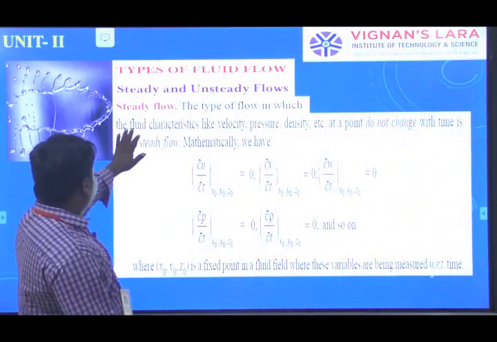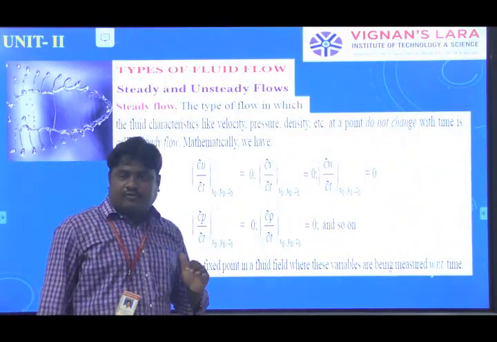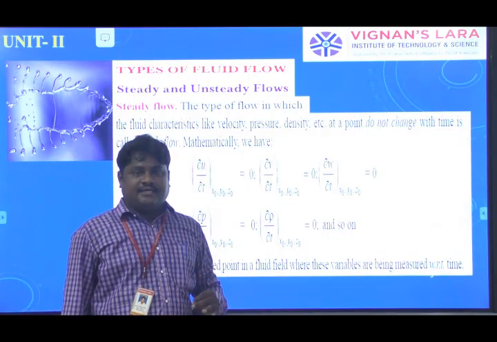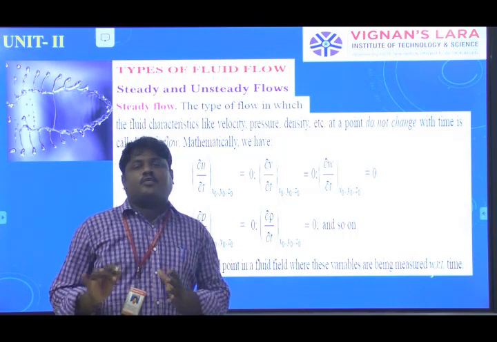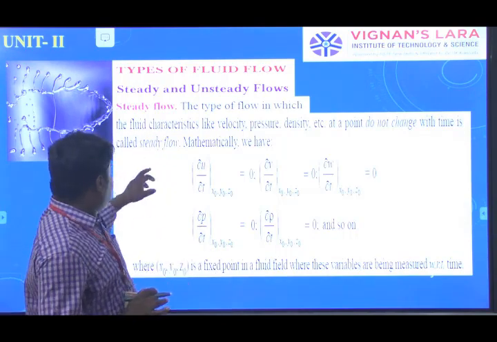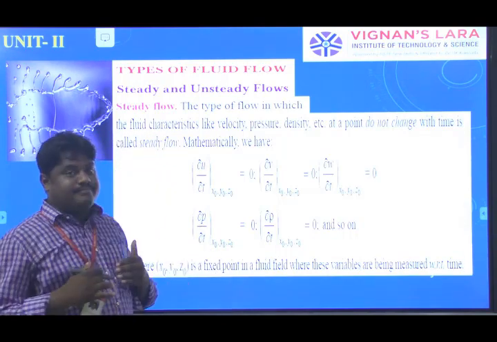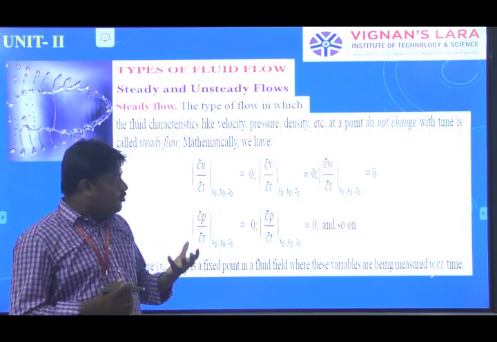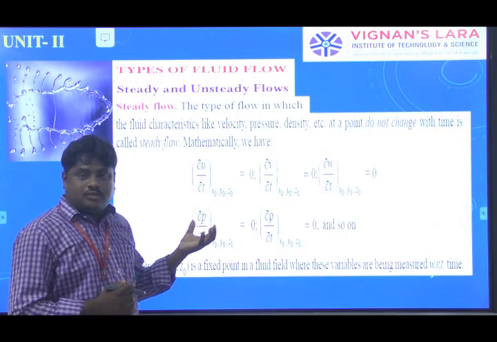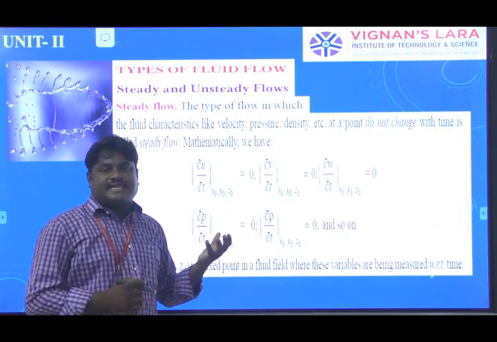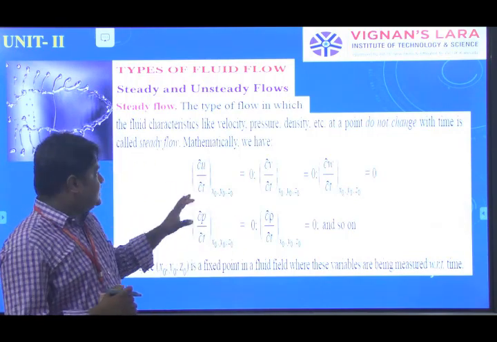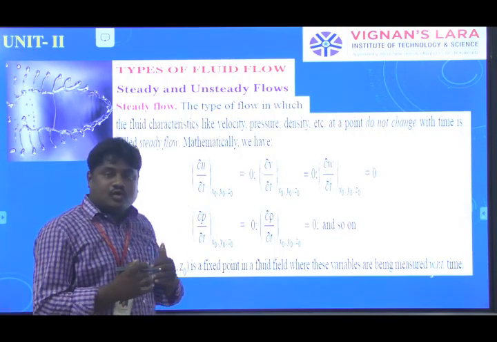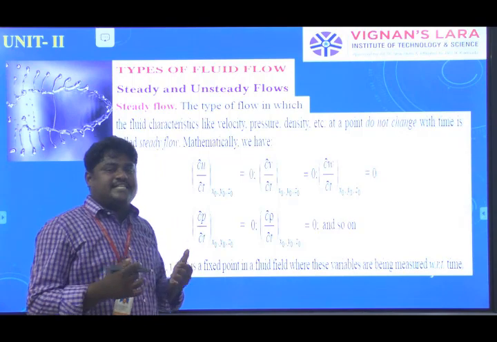First of all, I want to discuss the steady flow and unsteady flow. Steady flow is the type of flow in which the fluid characteristics like pressure, velocity and density do not change with respect to time.